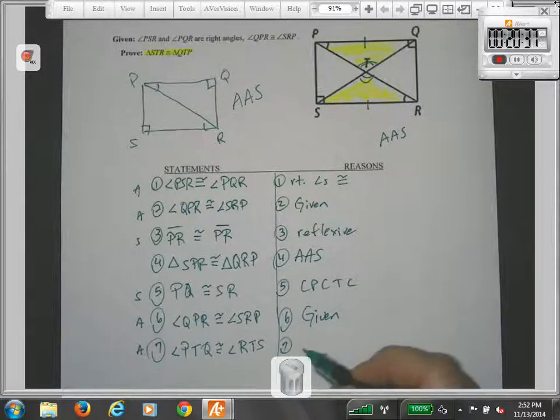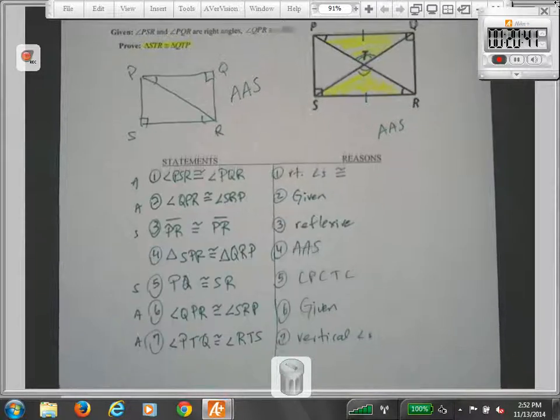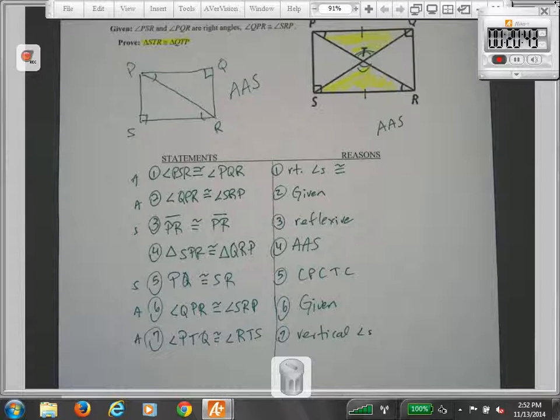Almost there. That gives us those two yellow triangles. So 8 steps, triangle STR is congruent to triangle QTP, again by angle, angle, side.